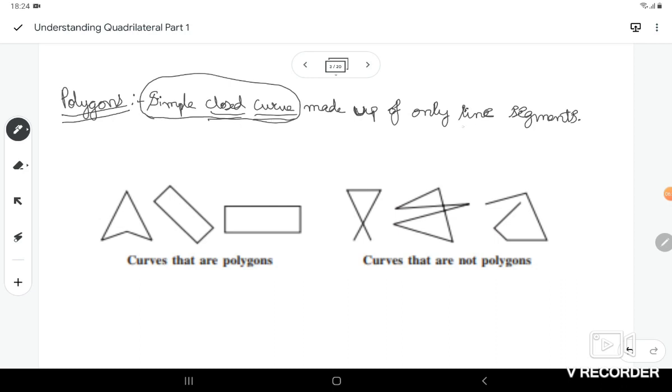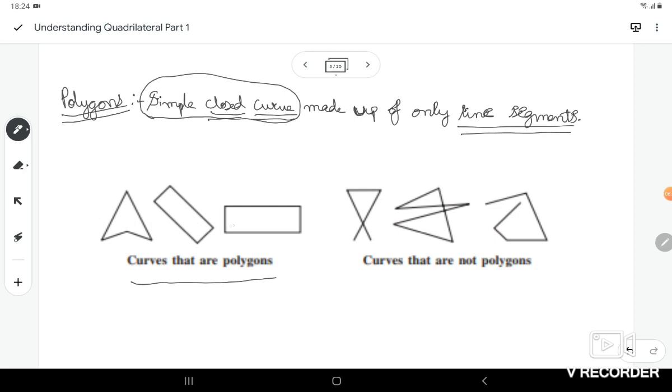Another condition is it should only be made of line segments. That is, it should be made using only lines and not any sort of curve. Now we can see, with the help of the diagram, the curves that are polygons. We can see in all these three curves, all the conditions that I have stated above get satisfied.